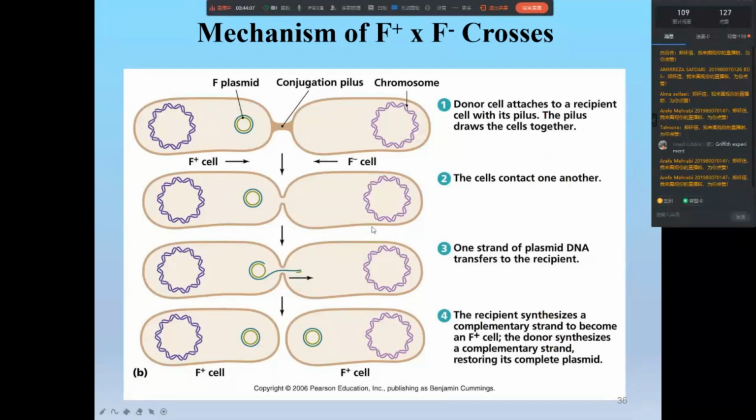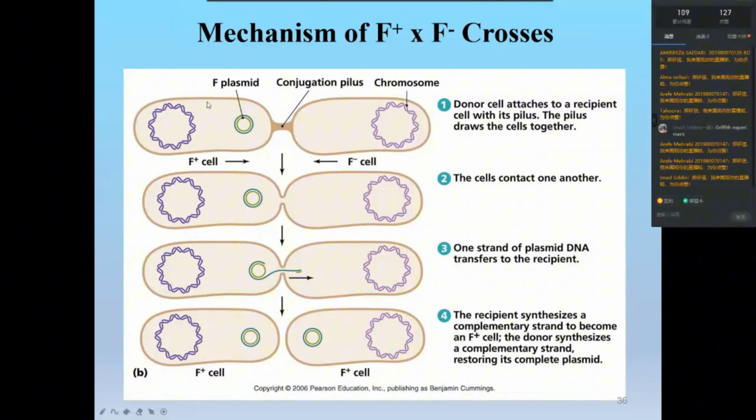So during the conjugation, this is the F plasmid, and this bacterium is the bacterium which can produce sex pili, and this is the donor cell. And the sex pili can grab this recipient cell.